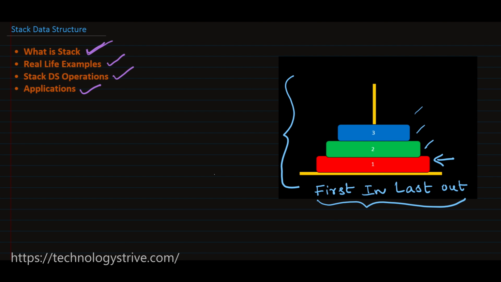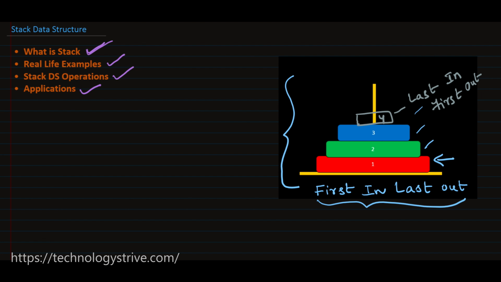And again, if you notice it, we had another disk which was 4, and this is the last disk which we have inserted. So last in, the last disk is going to be removed first. So this is also known as last in first out. So stack is also a data structure.